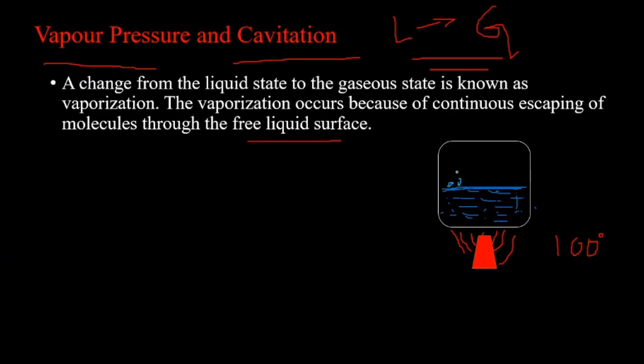The water molecules will escape and go into the closed container. When vaporization takes place, the molecules escape from the free surface of a liquid. These vapor molecules get accumulated in the space between the free liquid surface and the top of the vessel.